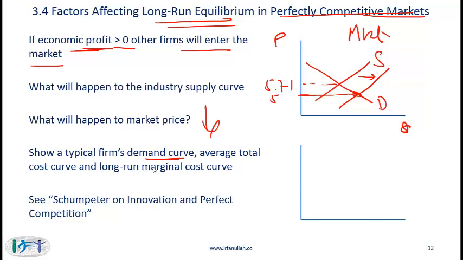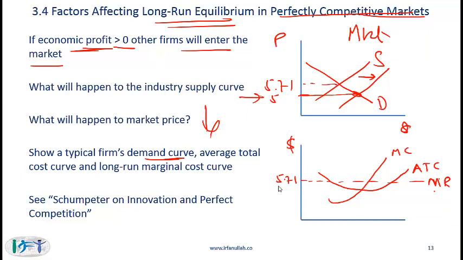Now it will come down. So before you go on, I want you to do this. Show the original demand curve at 5.71 and show the average total cost curve and the long run marginal cost curve, and then show what happens when the price goes down to 5. So here is what is going on.